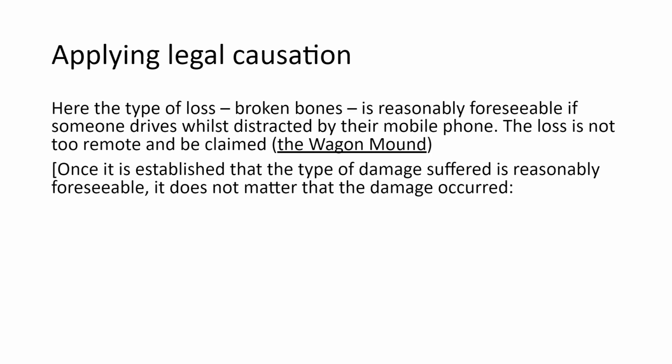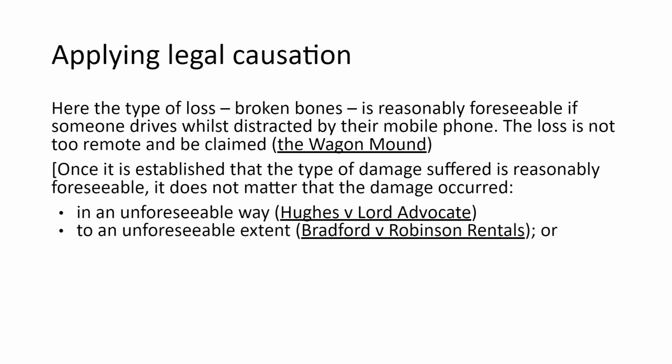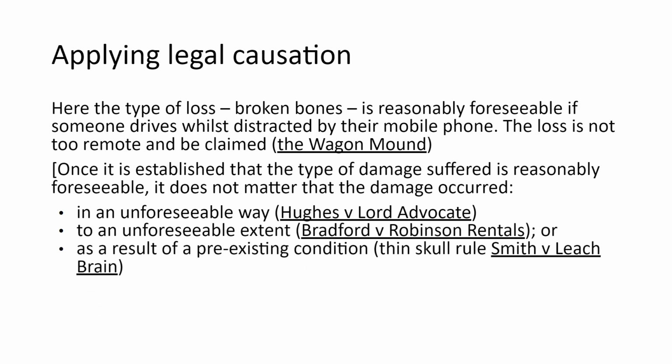If any of the other things applied, you'd mention them. If they don't apply, you don't need to, and they don't here. But if they did, you would say it does. Once the type of harm is reasonably foreseeable, it doesn't matter if the damage occurred in an unforeseeable way, to an unforeseeable extent, or as a result of a pre-existing condition, which is the thin skull rule we've just talked about.